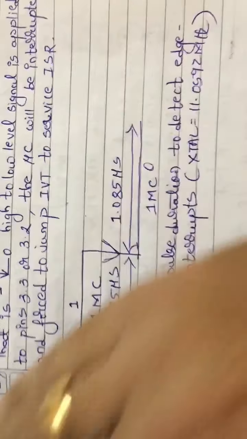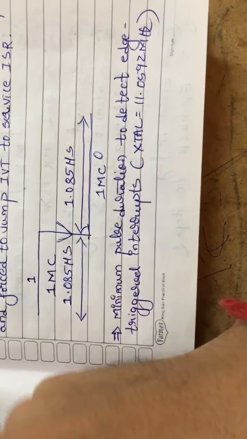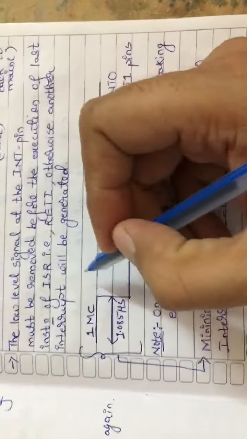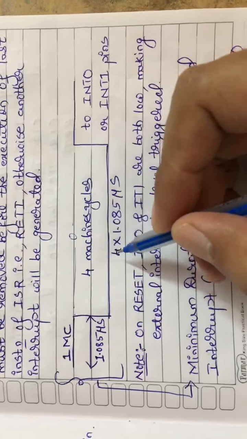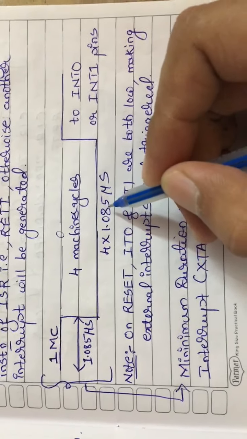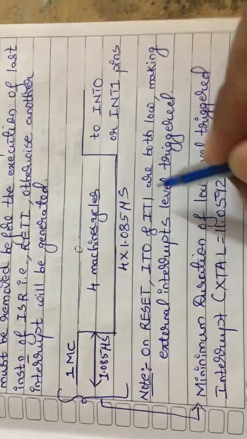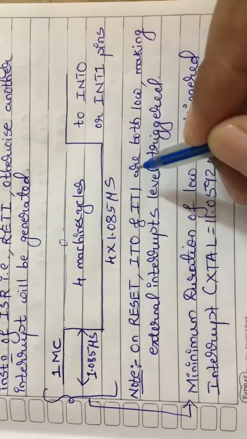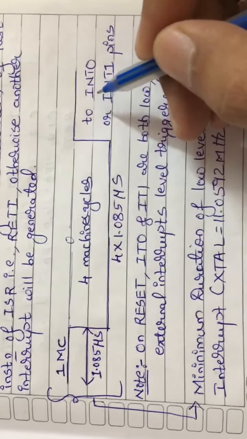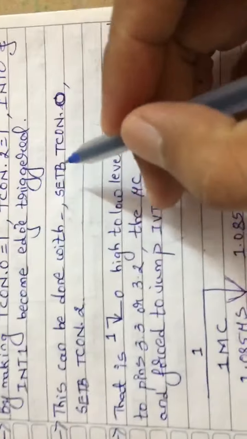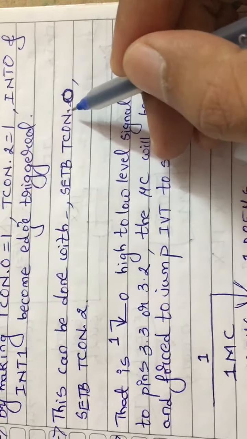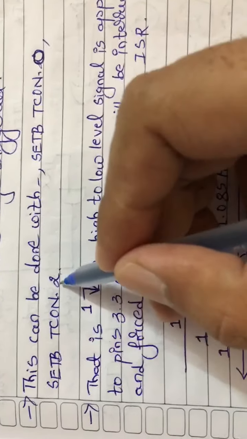But for level triggering, we need 4 into 1.085 microseconds, because we need to send the low level signal to the pin. But here we directly write the instructions SETB TCON.0 or SETB TCON.2.